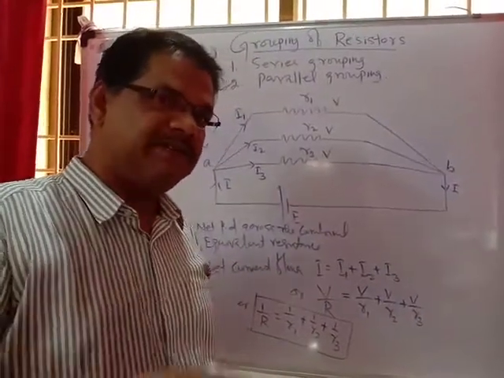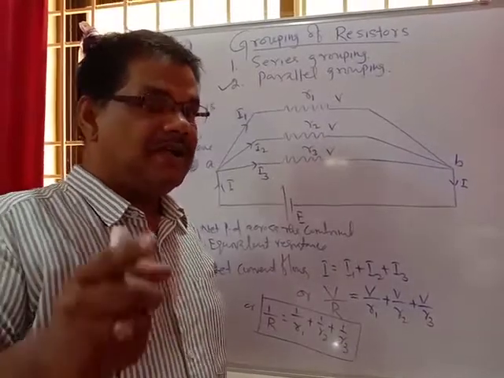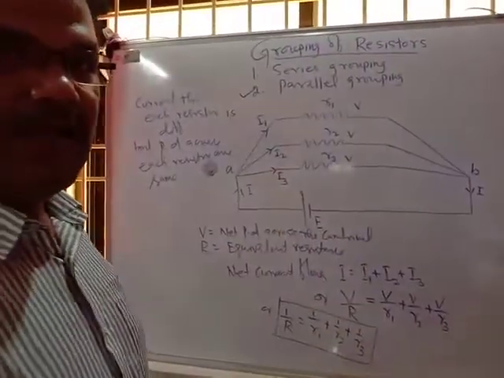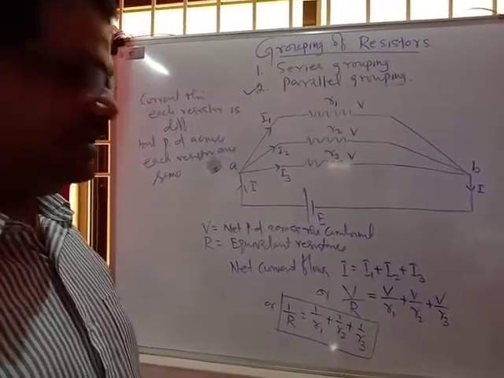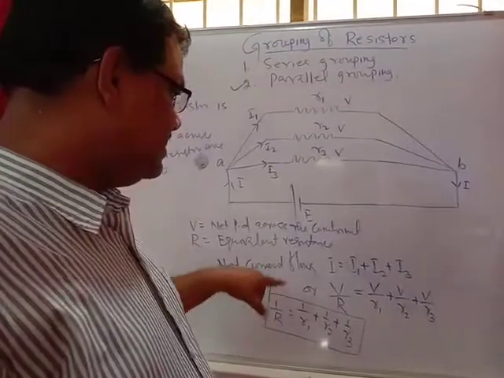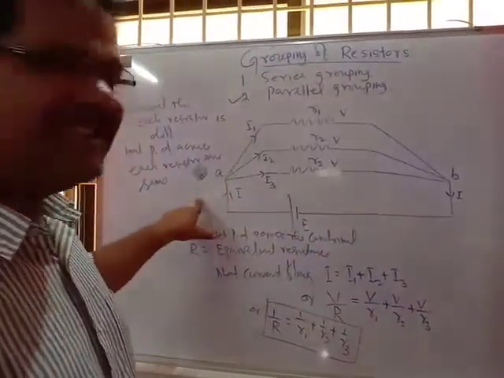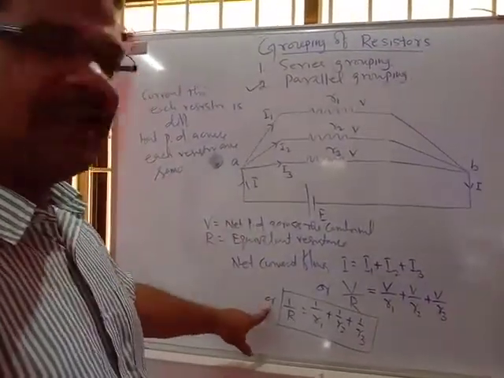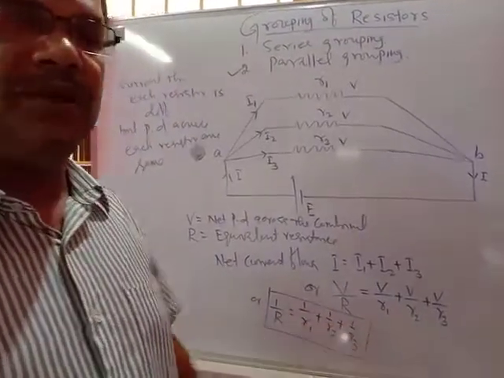But in case of capacitors it was different. In series, the reciprocal of the net capacity was the sum of the reciprocals of the individual capacities. For resistors it is the reverse. In series it is simply R equals R1 plus R2 plus R3, and in parallel 1 by R equals 1 by R1 plus 1 by R2 plus 1 by R3.